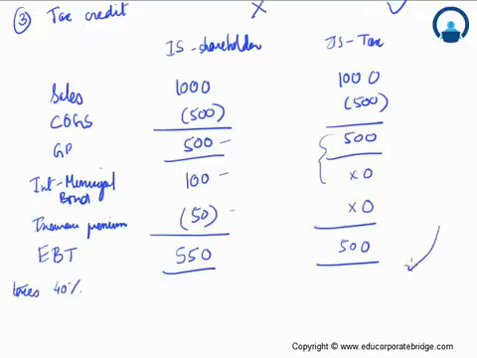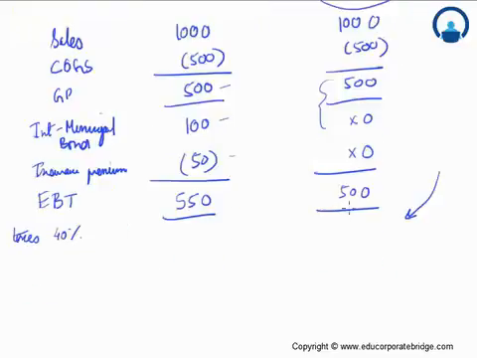So how much tax are you going to pay in the income tax? Let us calculate how much tax we need to pay when we are looking at the tax authority income statement. This would be 40% of this 500, which comes out to be 200. However, when we talk about the income statement from the shareholders' point of view, the tax would be 40% of this, which is equal to 220.